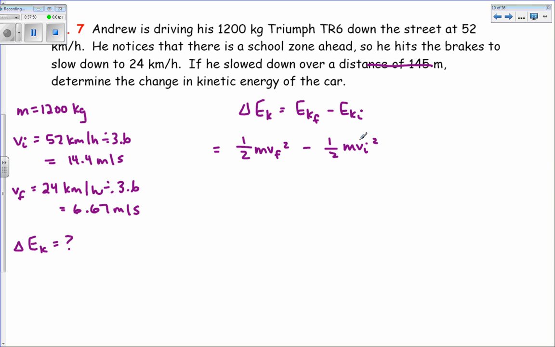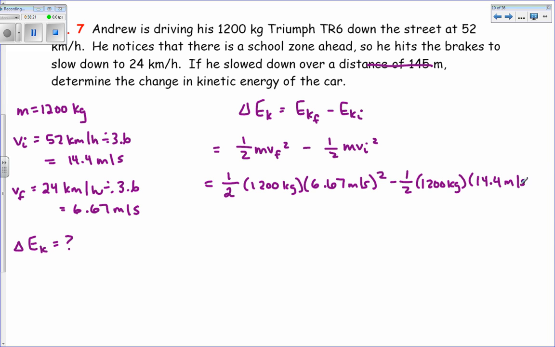That V is supposed to have a little vector hat, but I find it kind of hard to get the vector hat on with the squared, so I leave it off. So it's not a big deal to not include it on there. So 1/2 times 1,200 kilograms times final velocity, which is 6.67 meters per second, and then that's squared, minus 1/2 times 1,200 kilograms times 14.4 meters per second squared.